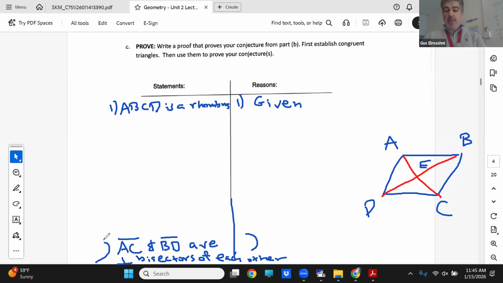There's going to be a lot of steps, I think. Okay, the first thing I need to establish is that these triangles are congruent. That's the first thing I need to establish.